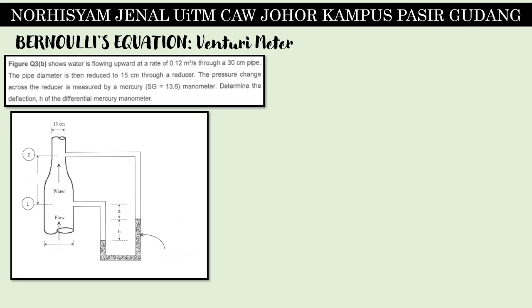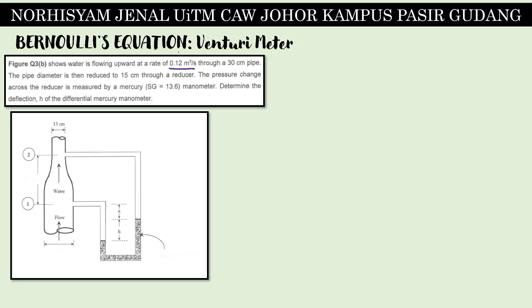Okay, so this is another question on Venturi meter. It is almost the same as what we have for the study of Venturi meter in the slides from our class. Okay, so figure question 3b shows water is flowing upward at a rate of 0.12 meter cube per second.